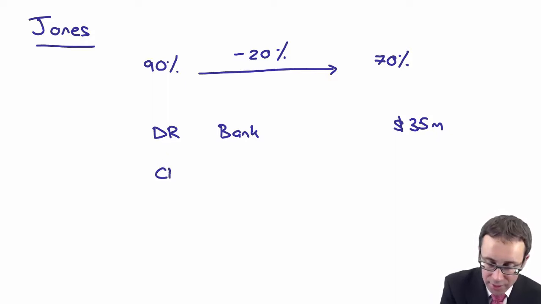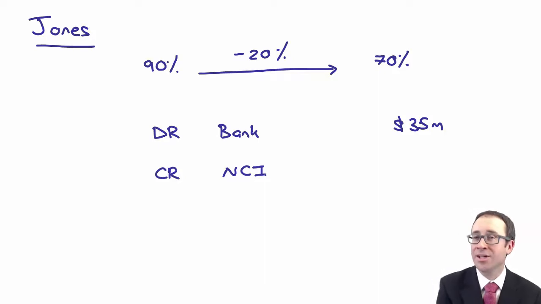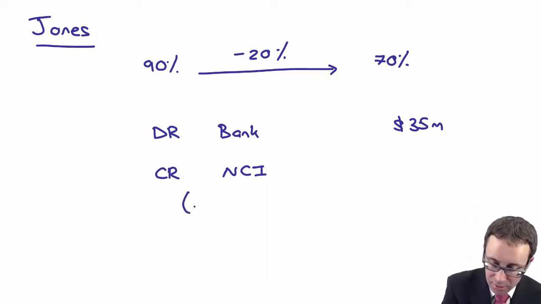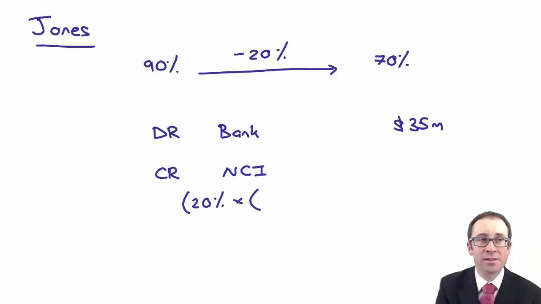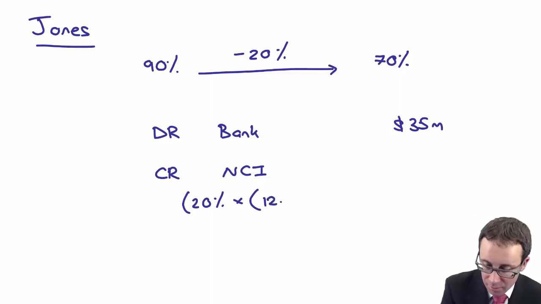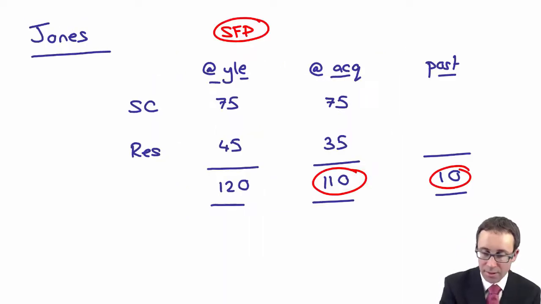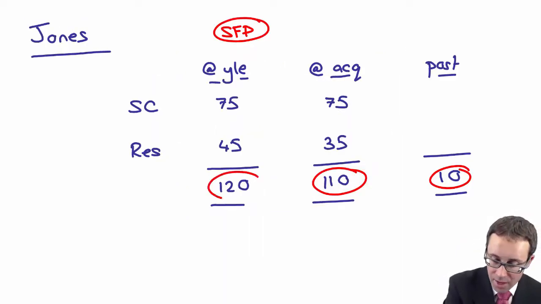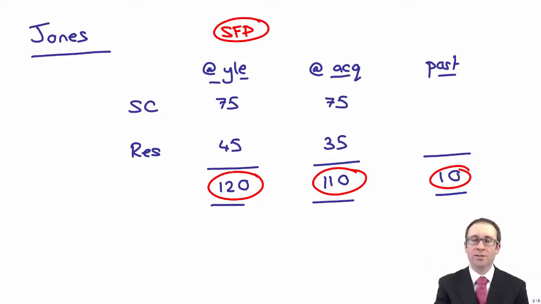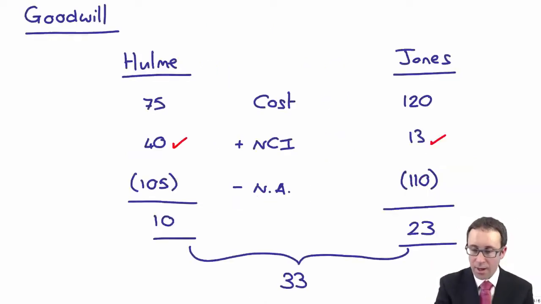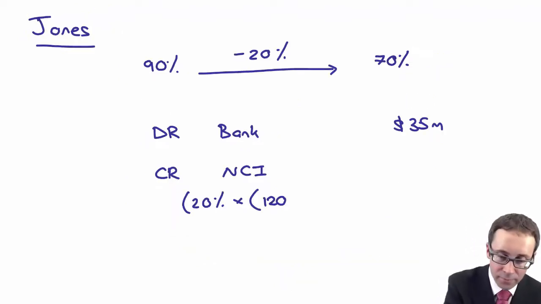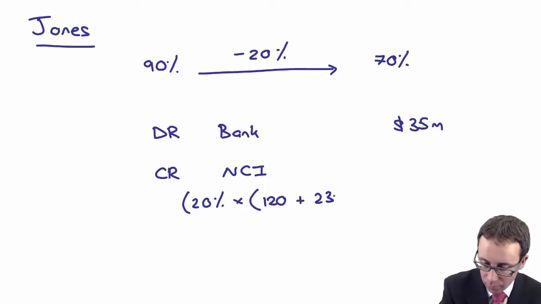There's been an increase in the NCI. The reason why the non-controlling interest has increased is because we have given the NCI more of the net assets, and those net assets at the reporting date. So 20% of 120, that comes from here. They're your net assets at the year end, just as we made that change in ownership. And the goodwill is also there, is that at 23.